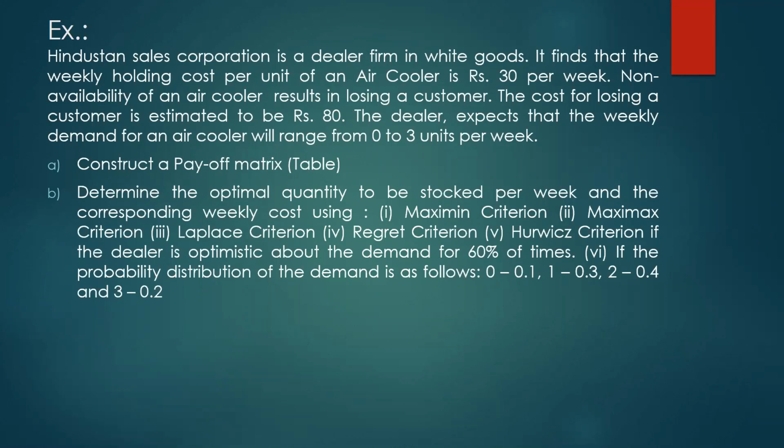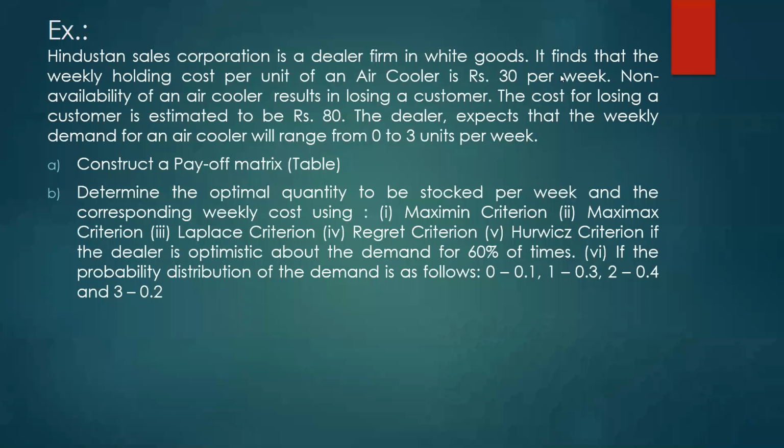So the formula which I'll be using to calculate my cost will be the total number of customers lost multiplied by 80, because 80 is the cost of losing a customer, plus the number of units which are unsold at the end of the week, because the cost given to us is per week.